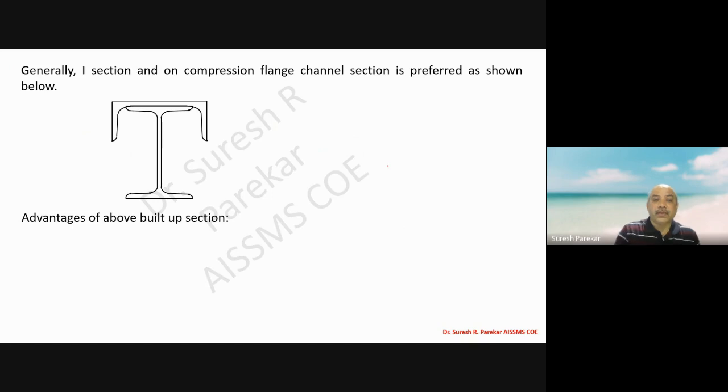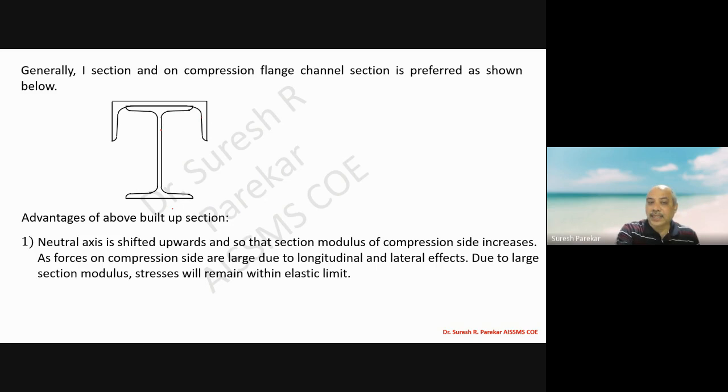Now, we do not have only an I section, we have an I section along with a channel section, which is on the compression side. Now, we are going to get two advantages from it. First, the neutral axis is shifted upwards, so that the section modulus on the compression side increases. So now you can see, as we are going to provide the channel section, my neutral axis for the beam is here, and then for the whole section we have the neutral axis over here.